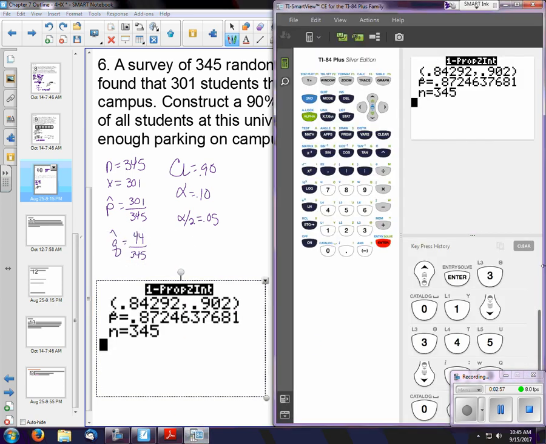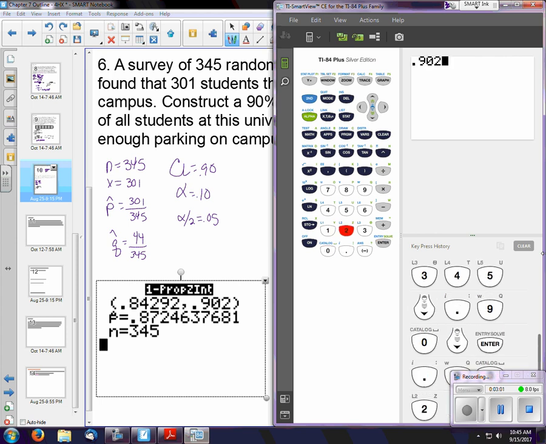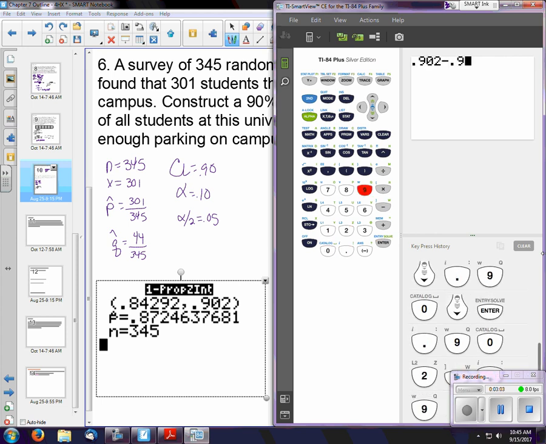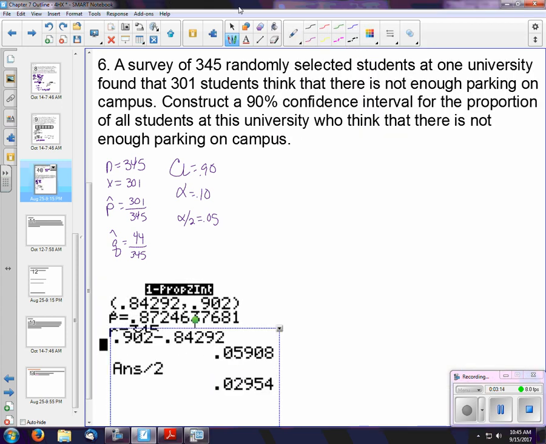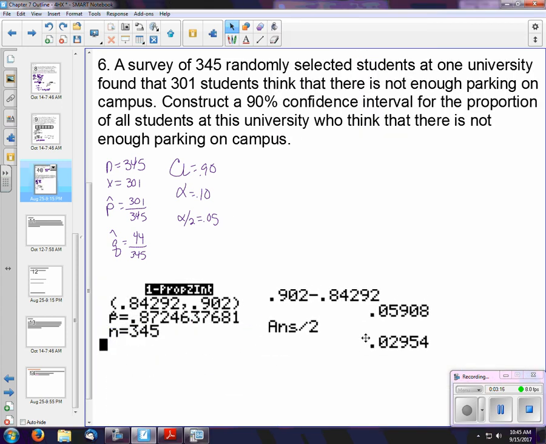So we have our interval, so let's calculate our margin of error: 0.902 minus 0.84292, divided by 2, gives us a margin of error of 0.029. So what on earth does all of this imply?